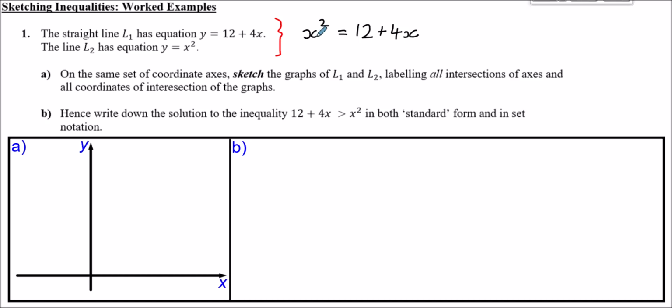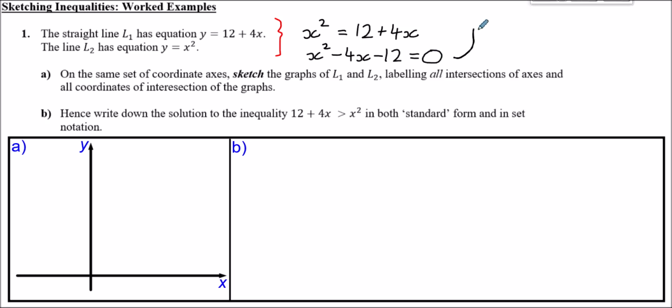Well, we can rearrange this into the standard quadratic form by getting this as a quadratic equal to 0. And so if we subtract 4x on both sides, this becomes x squared minus 4x. Then subtract 12 from both sides, it leaves us with 0 on the right-hand side.